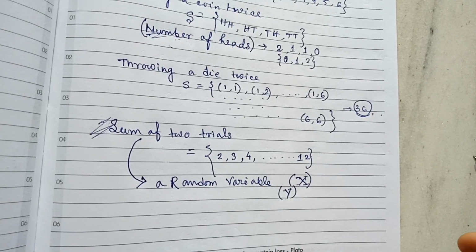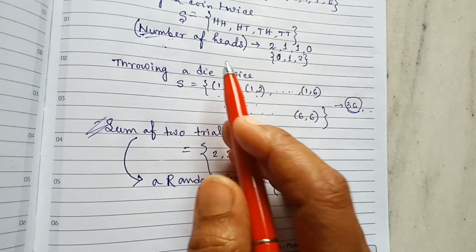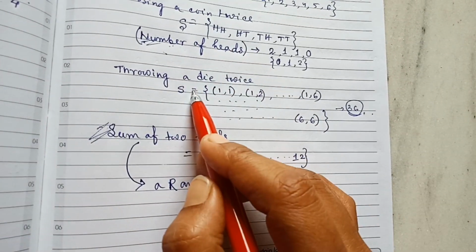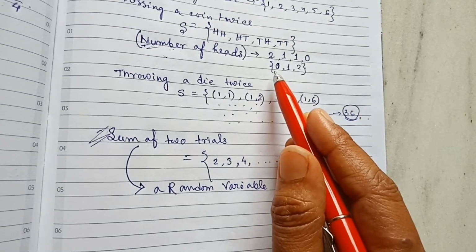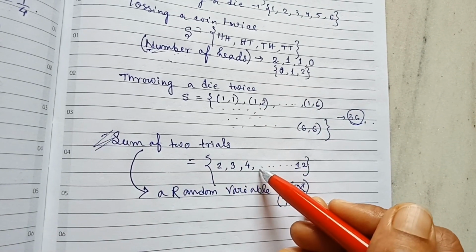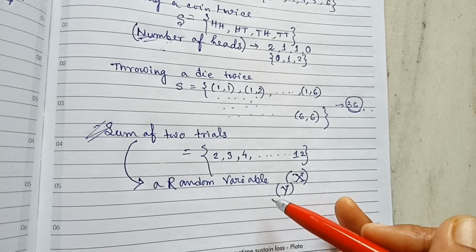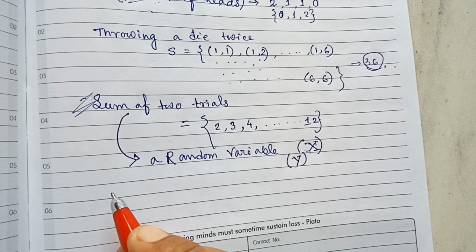It is operating or ruling on the sample space and giving us some particular values or a set of values, like this. Now you go back to the conception of the function.